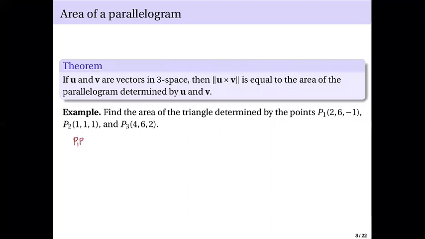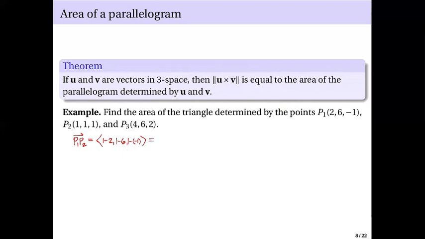So P1, P2, this is the vector 1 minus 2, then 1 minus 6, and then 1 minus negative 1. So 1 minus 2 here, 1 minus 6 here, 1 minus negative 1 here.